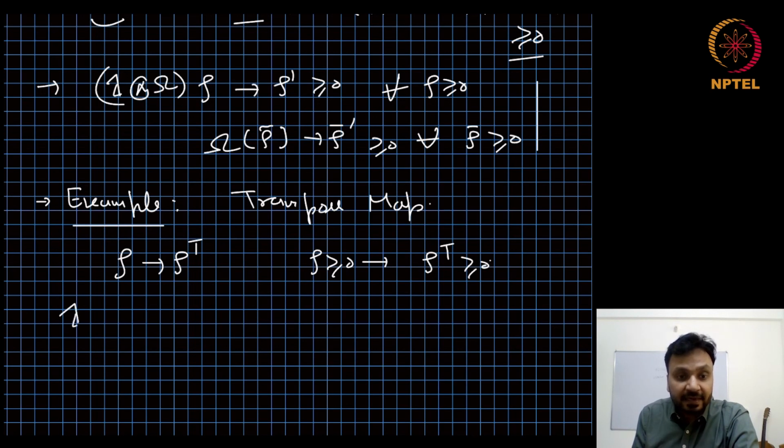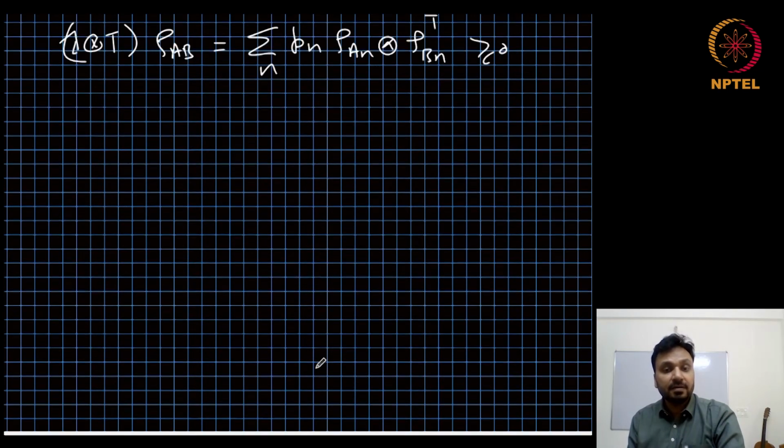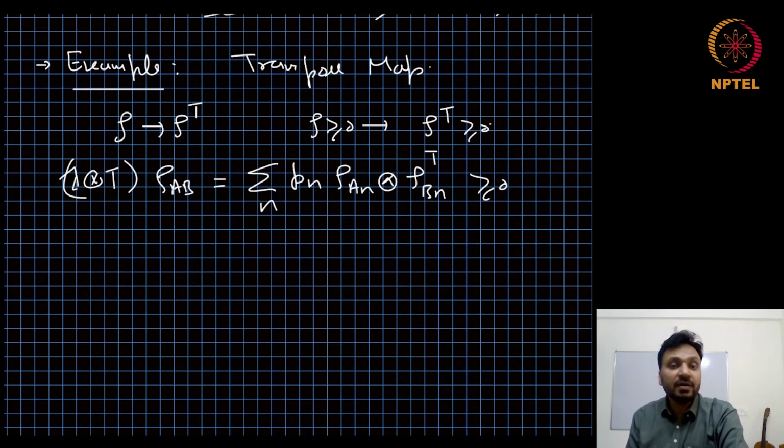If we apply identity tensor transpose map on rho AB, which is the sum over n of P_n tensor rho_Bn, a separable state, then rho_Bn transpose is also positive. So it satisfies all the properties so far of a positive map. So transposition is a positive map.